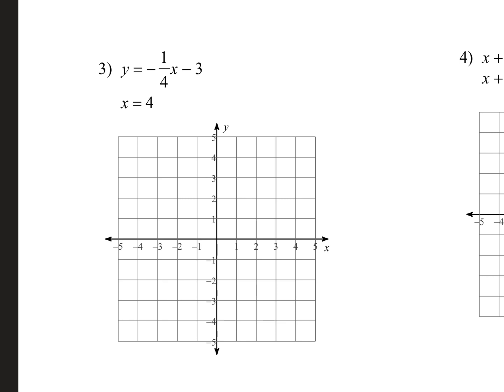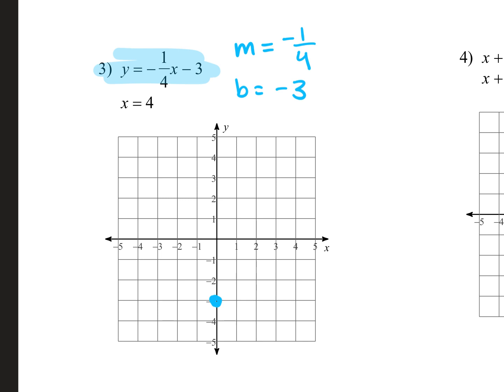So we just want to solve one equation at a time. Let's start with the first one. What's our slope? -1/4. And what's our y-intercept, our b? -3. So we start by putting a point at our y-intercept, which is at -3.